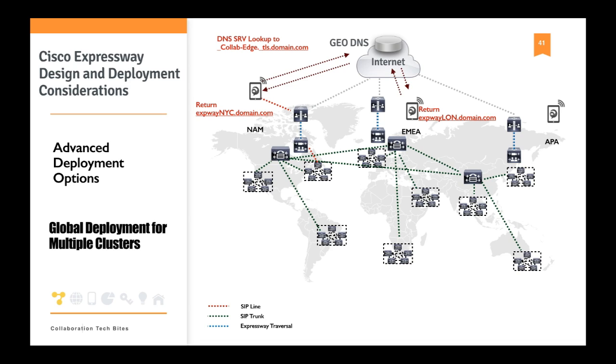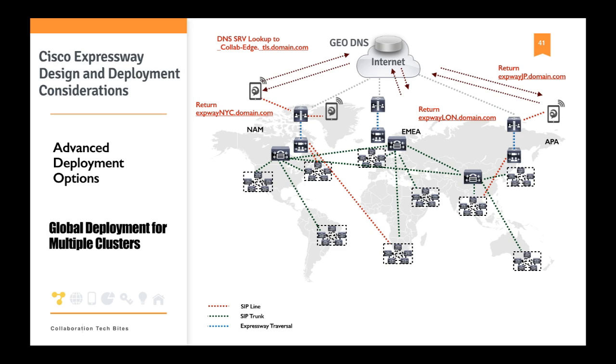But the New York Expressway C will know exactly its location, and it will direct the phone to go to the South Africa call manager for a SIP line registration. And in that case, the media will be trunked on the Expressway C in New York for any calls being initiated from this Cisco Jabber or any phones, and the call control will be the South Africa call manager.